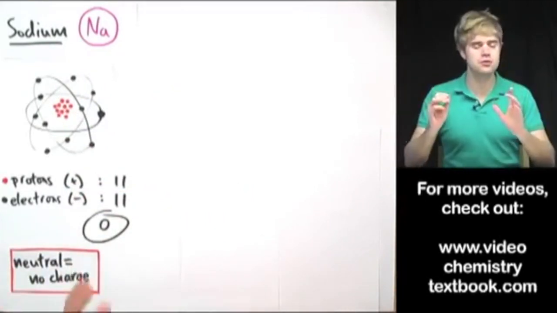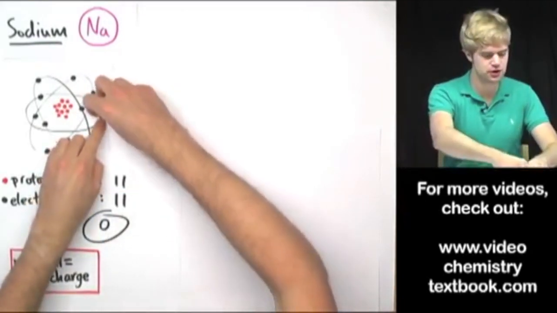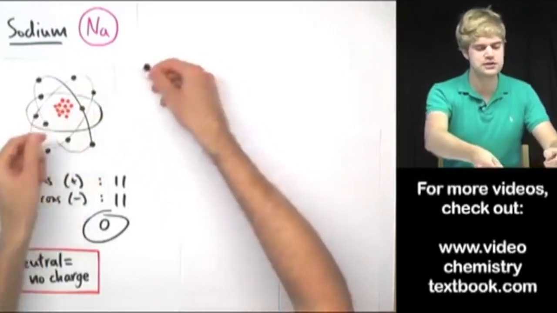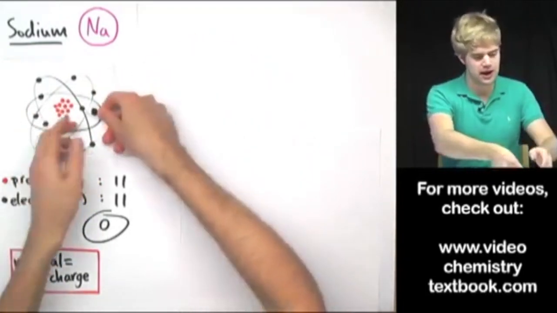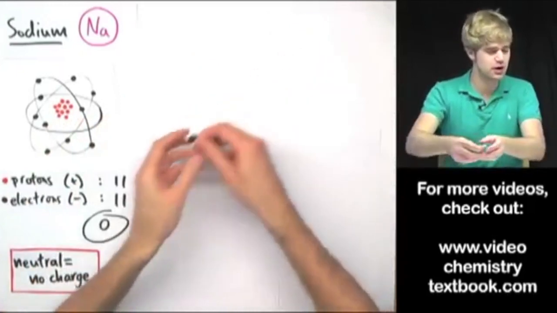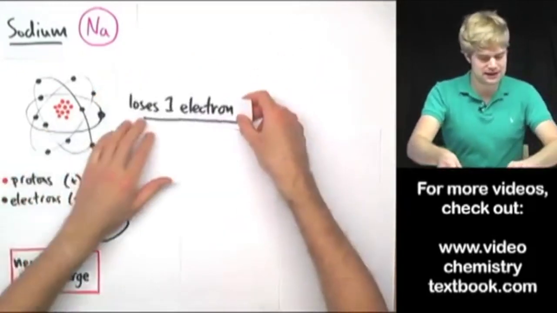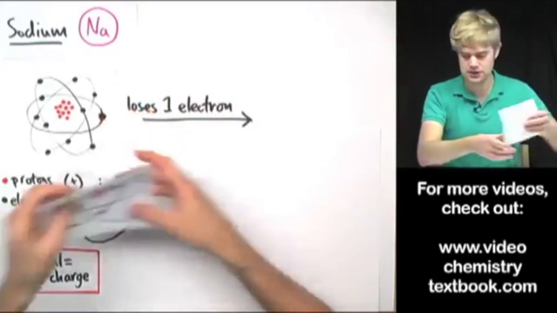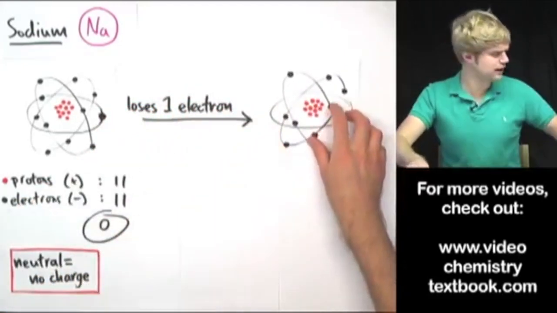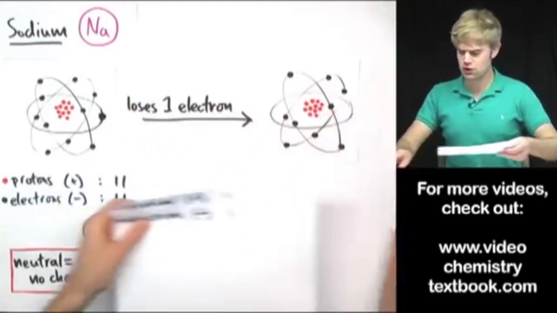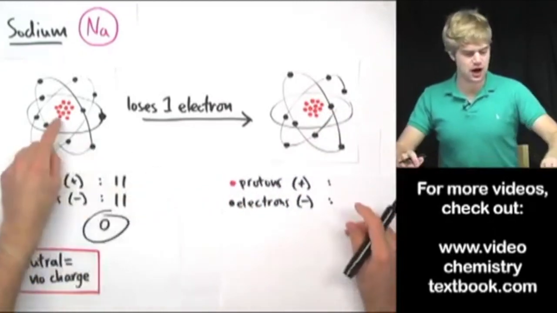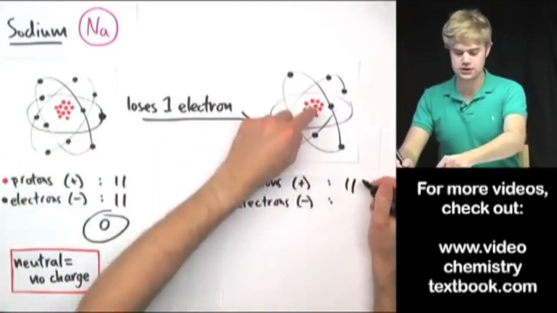Okay? But here's what can happen in sodium. You see this electron right here? It can lose this electron. It can lose it, and it flies off and usually goes into another atom. So let's look at what happens when this electron gets lost. Now we're going to end up with a sodium atom that has 11 protons, just like it did before.